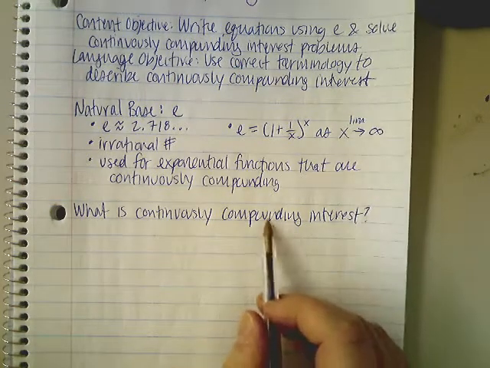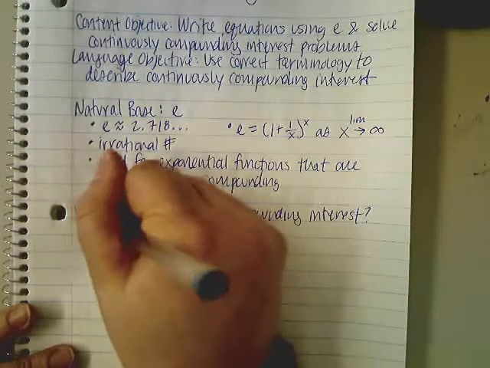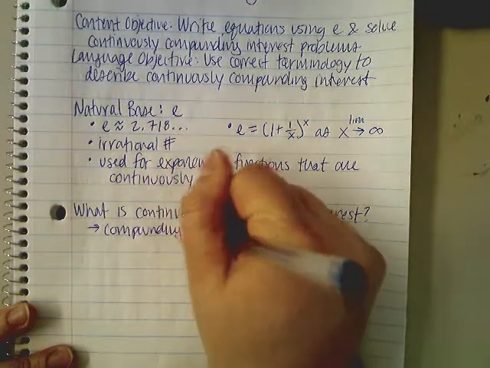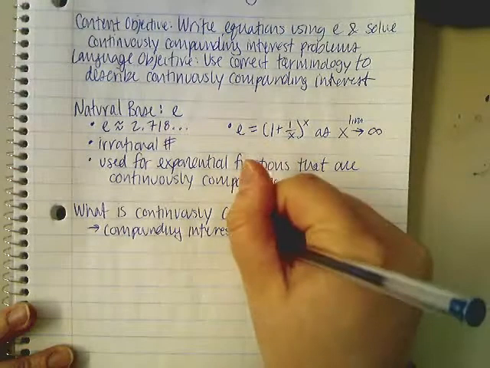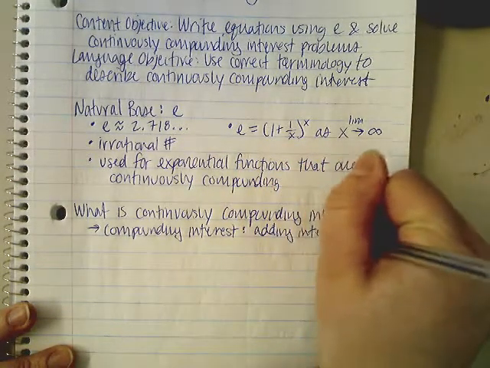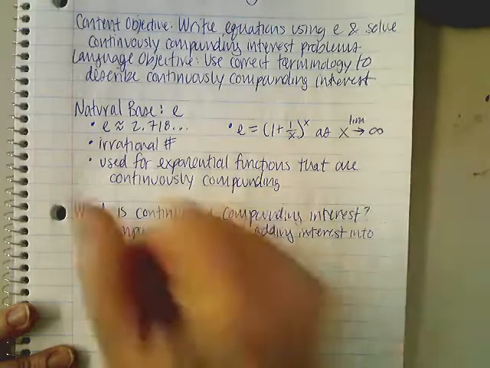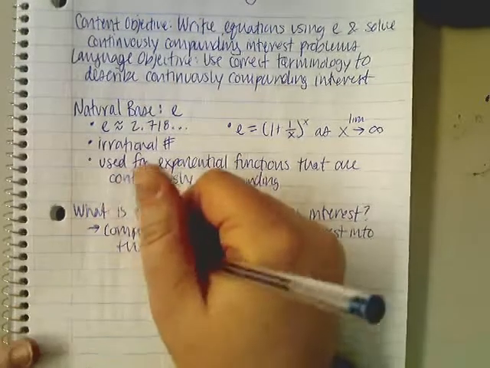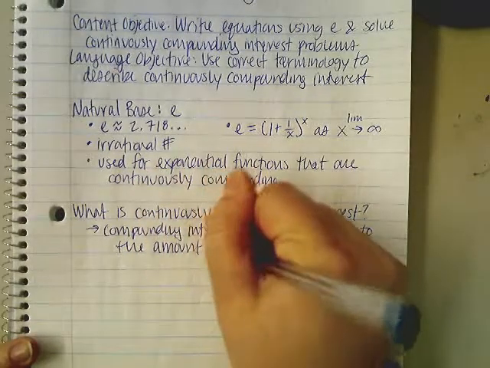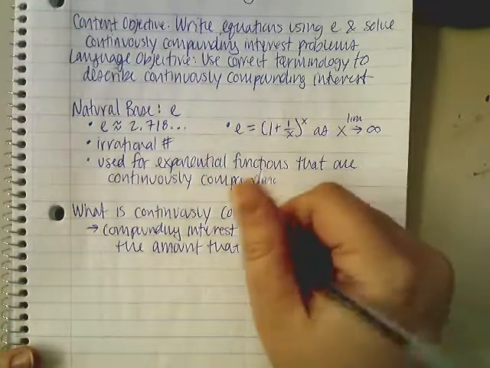So when you are compounding interest, it means that you're adding interest into the amount that you can then continue making interest off of.